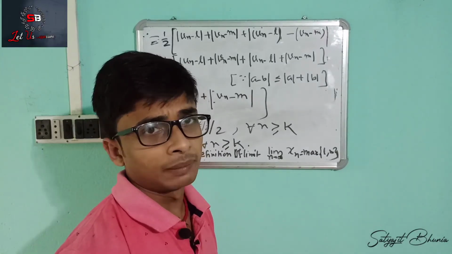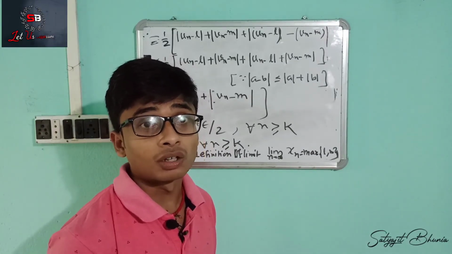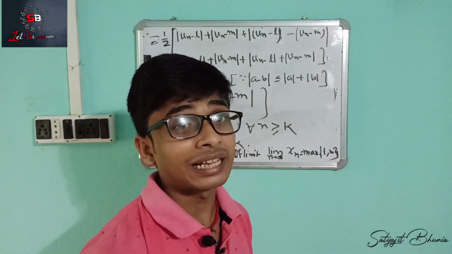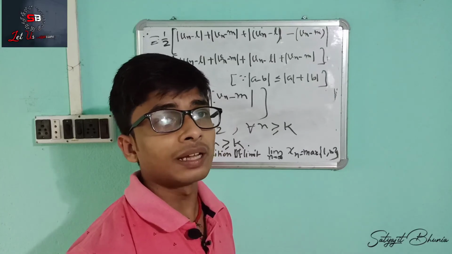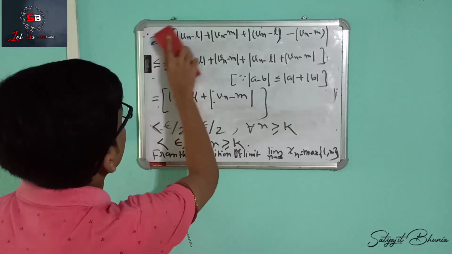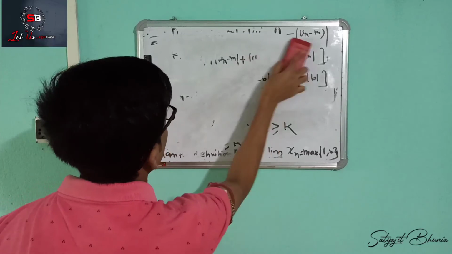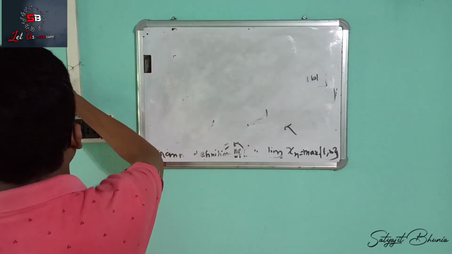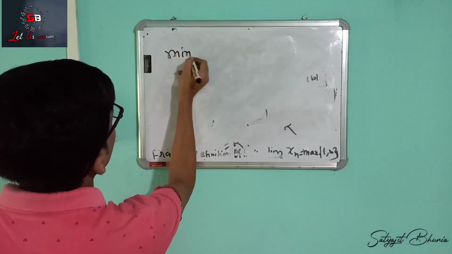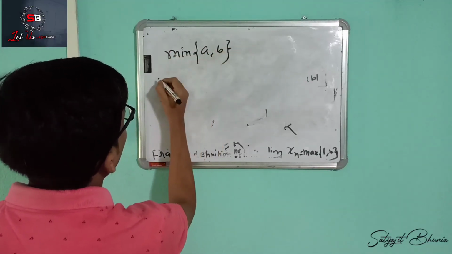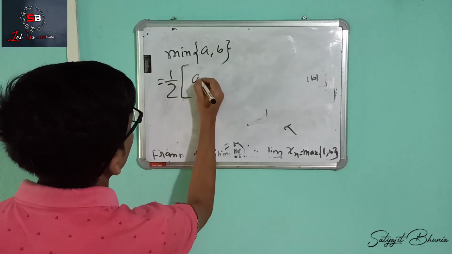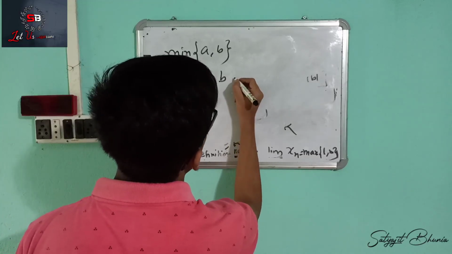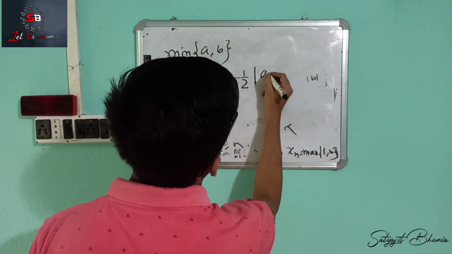We can prove that yn converges to the minimum between l and m in exactly a similar way, just using the fact that the minimum between a and b is equal to half of a plus b minus mod of a minus b.